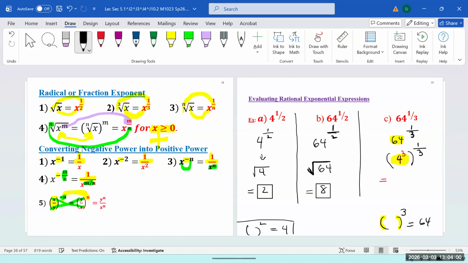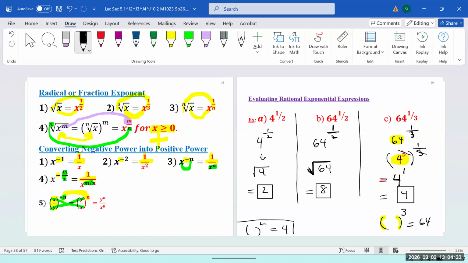In other words, if you do that, the 3 power and the 3 denominator cancel out, and you're left with base 4 with power 1. That means simply 4. In other words, 64 to the 1/3, which is the cube root of 64, is just the number 4.